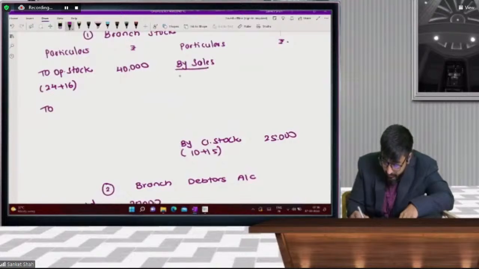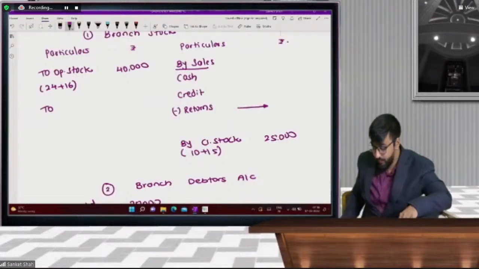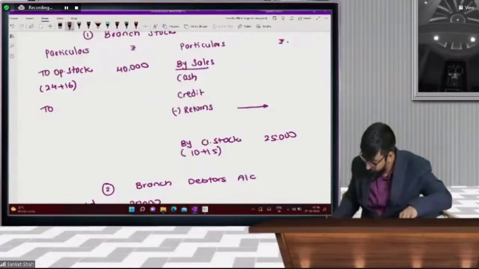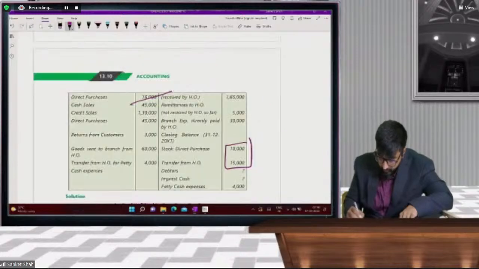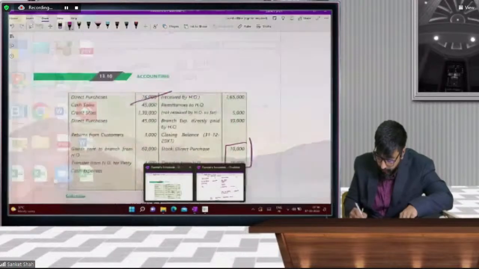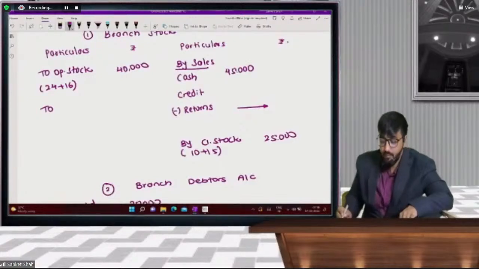By sales, cash, inner column credit, less returns. And in the outer column we will take a total. Cash, credit and returns. So cash sales is 45,000. 45,000 is the cash sales.